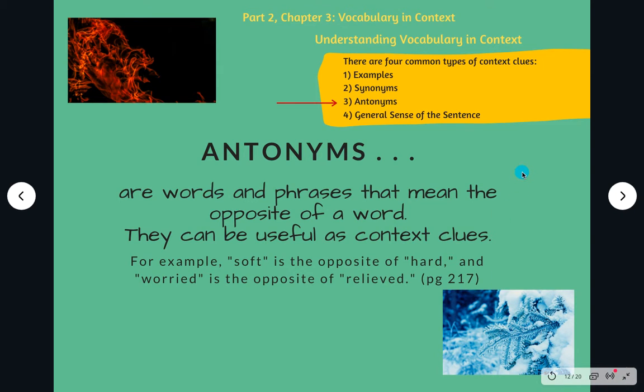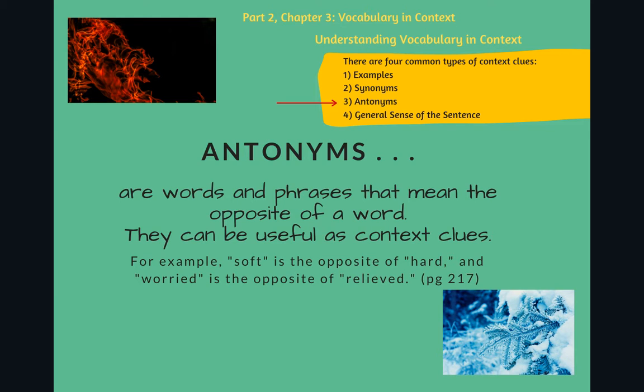All right, so if you recall the presentation that we looked at last week, the first part of the chapter, we learned about different strategies for how to figure out what vocabulary means by paying attention to context. And our book told us that there are 4 common types of context clues: examples, synonyms, antonyms, and general sense of the sentence.